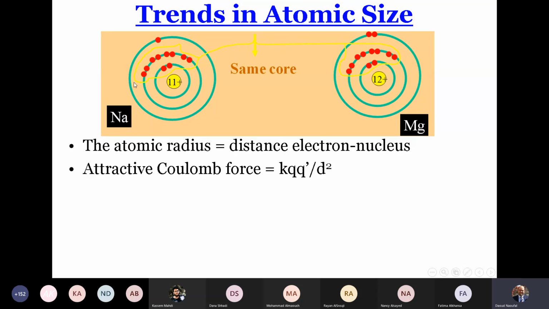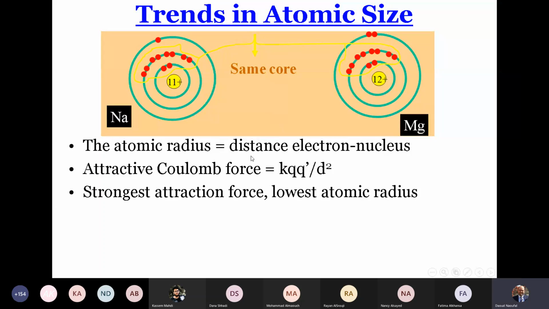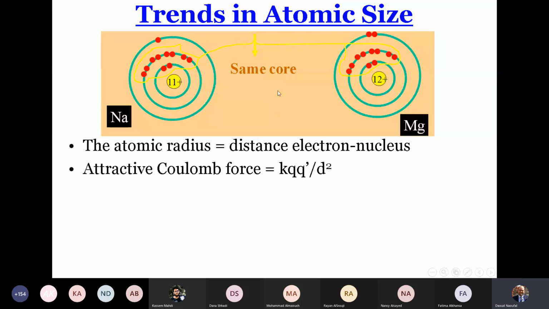So the valence electrons in sodium and magnesium are affected by the Coulomb attraction force that depends on the charge of the nucleus, the charge of the valence electrons, and the distance between the nucleus and the valence electrons. So as a first approximation, we can say that sodium and magnesium have the same D.